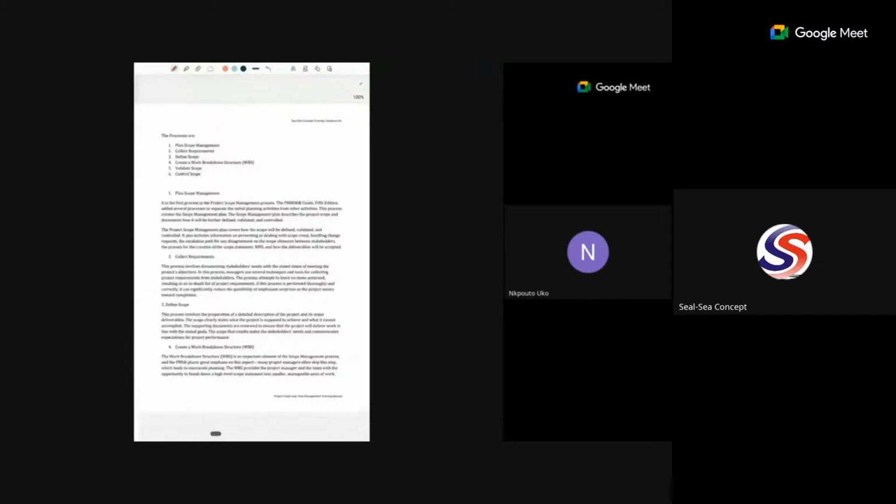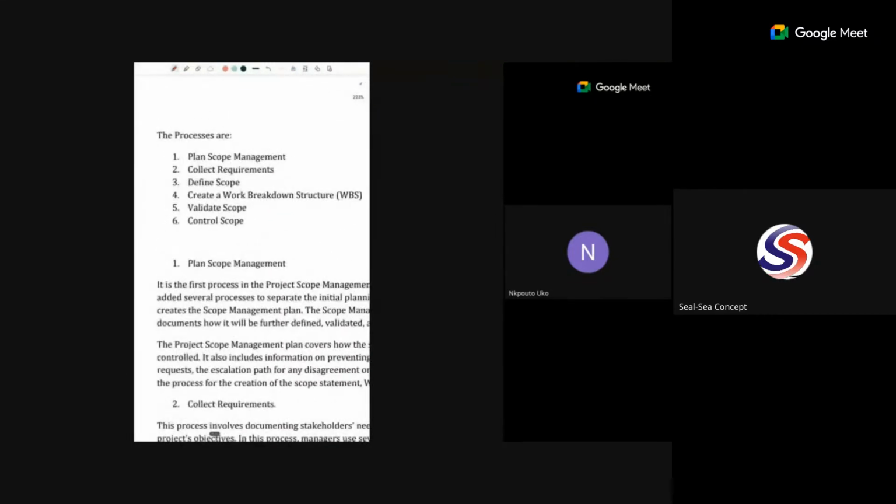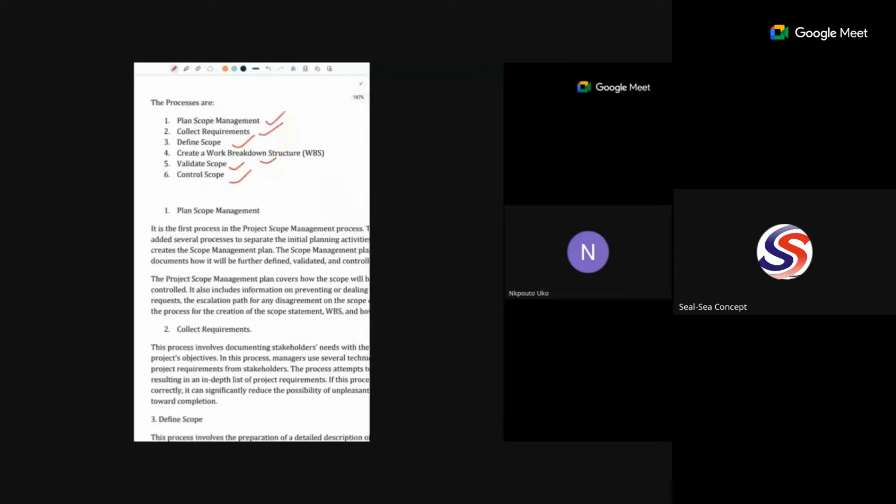So let's put them together. Let's look at the overview. Now that I've watered the ground for the processes, you look at it that you need to plan the scope. You need to collect the requirements, define the scope. You need to create your WBS, that we call work breakdown structure. You need to validate the scope and you need to control the scope. So we have watered the ground. Now let's look at them in an awesome view, step by step.